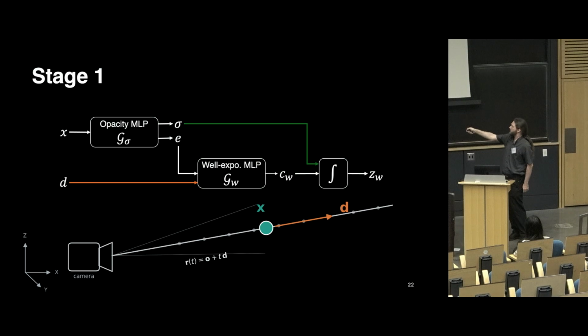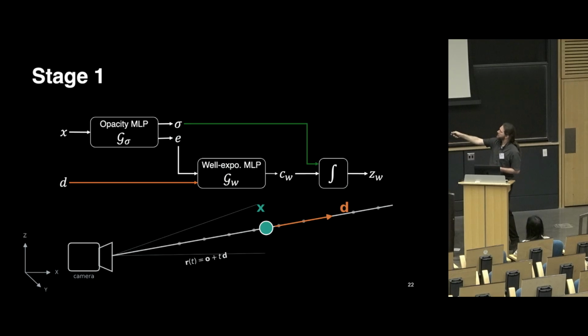You suppose you are at this position, you pass it through an MLP, a multi-layer perceptron, and this perceptron will give you sigma, which is the density. So am I going through a wall right now or something solid, or am I in free space? That's sigma, and after that we've got E, which is an exposure. Then this E gets fed to another MLP that outputs color.